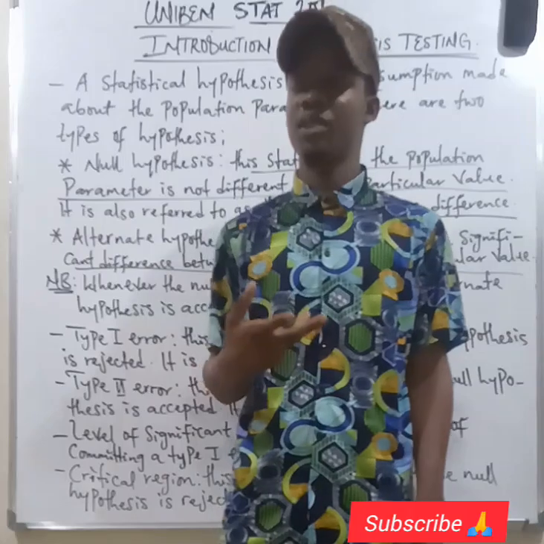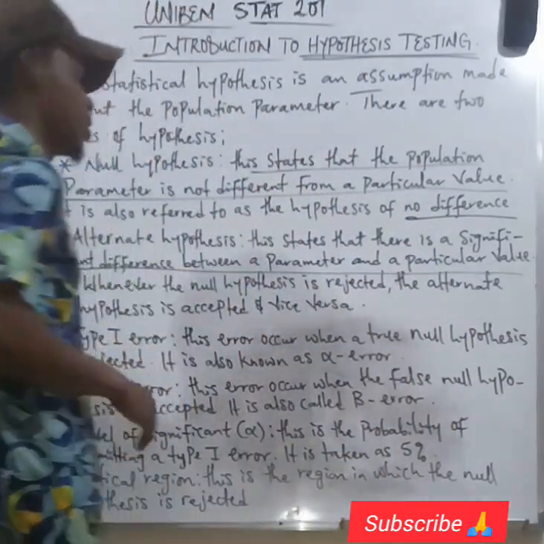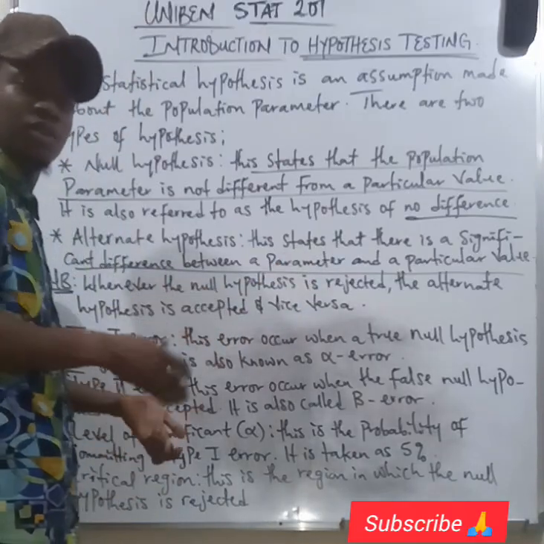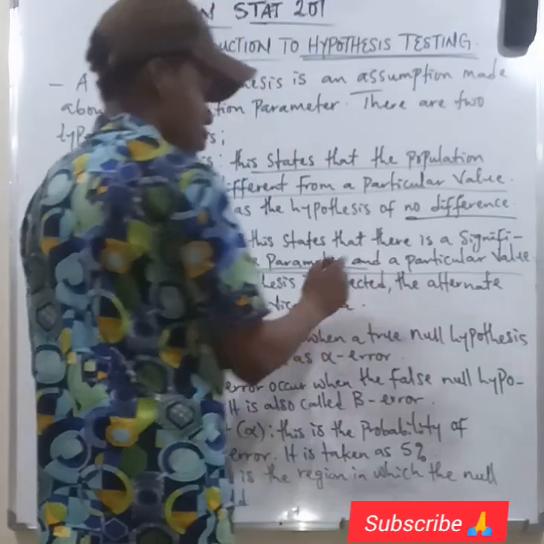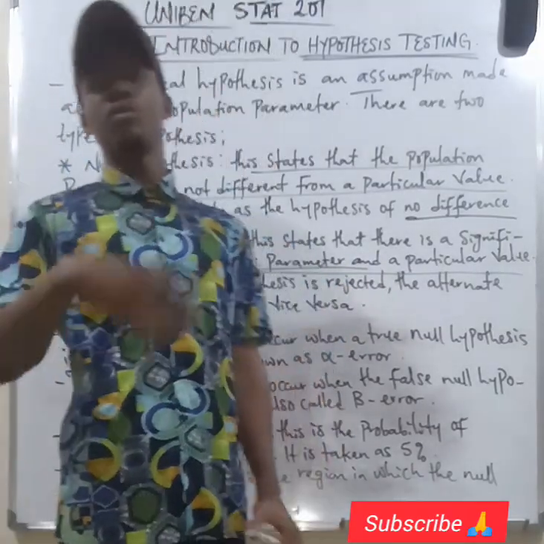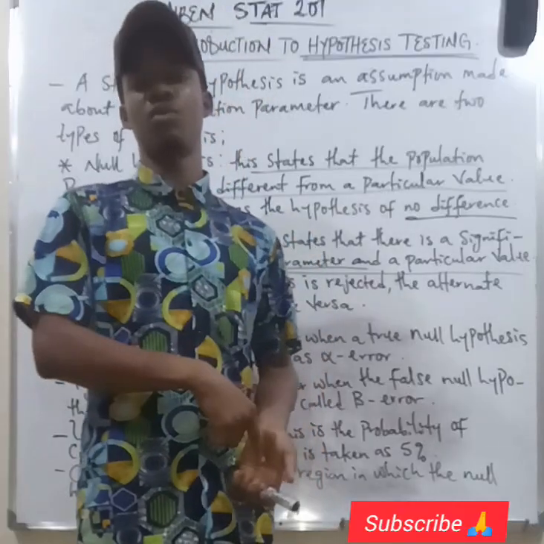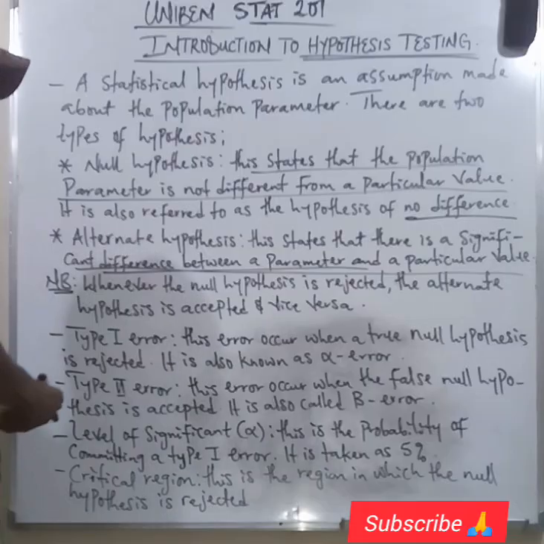That's the alternate hypothesis. It says that there is a difference between that value you are bringing and the population parameter. So based on population, I can say no, that value is wrong. That is the alternate hypothesis.